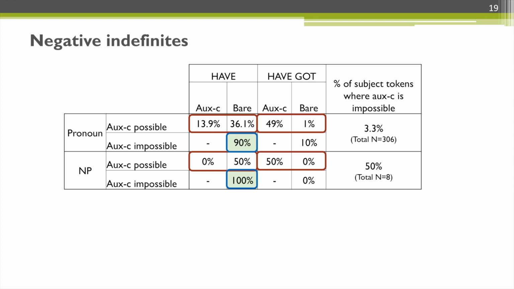Now, what's interesting here is that when you look at the number and distribution of tokens here, pronouns make up a huge amount of the data, so 306 tokens, and most of them allow contraction, right? So pronouns generally end with vowels, except for it, perhaps.